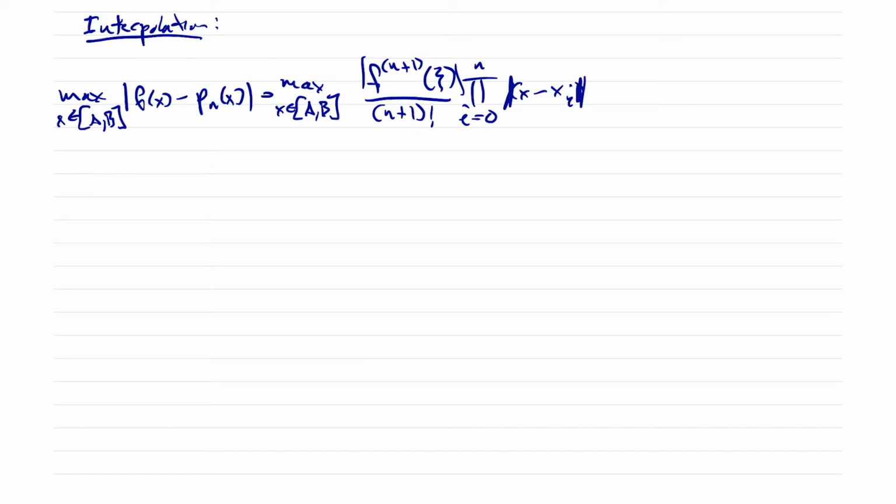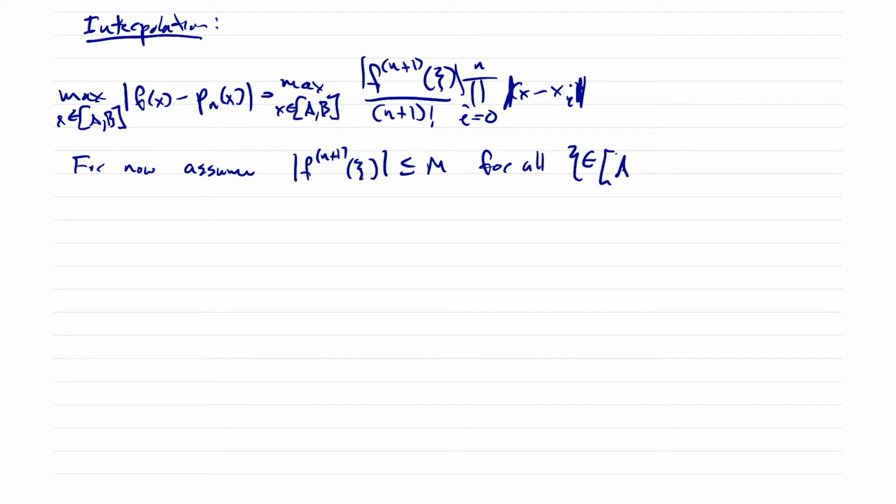Okay, so what do we got? Again, we're going to have some sort of business going on with our f, and for now we're going to assume that f to the n plus 1 of c is less than or equal to m for all c in the interval AB and n.